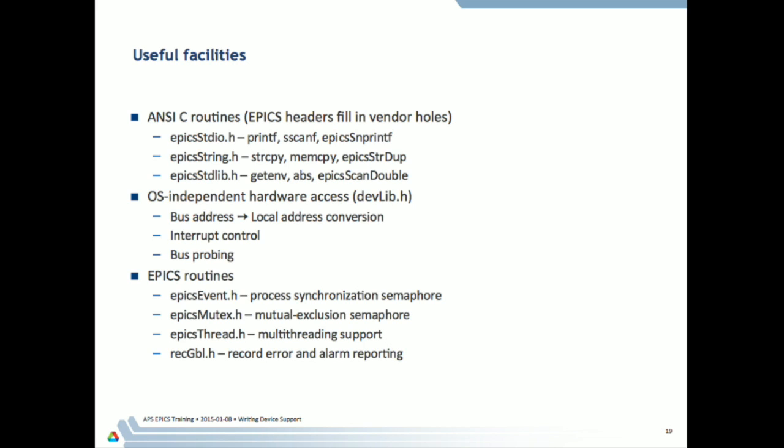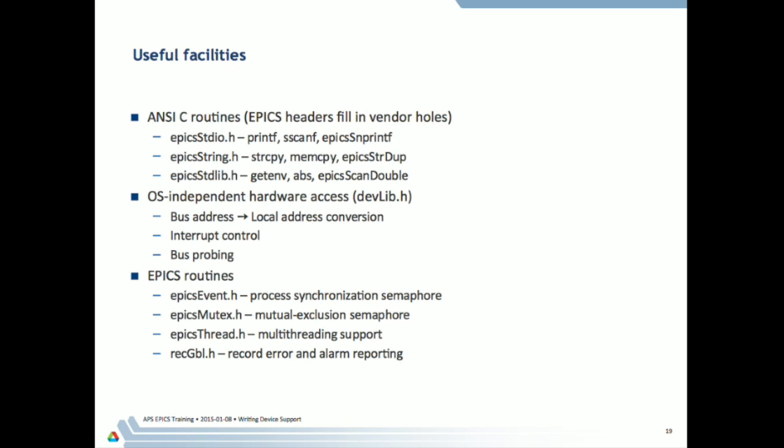There's a library which I mentioned and we showed calls to, called devLib, which is an operating system independent layer for doing hardware access. If you use devLib and don't try including any operating system specific header files, then you can make code that will compile and run on RTEMS, VxWorks, and Linux.